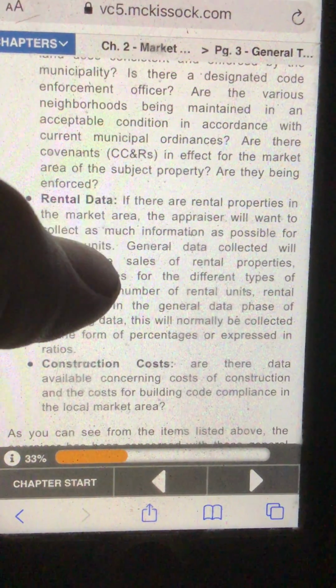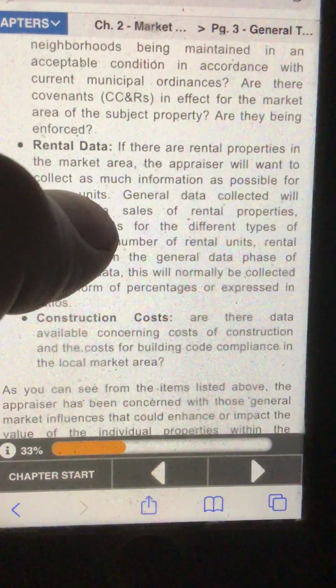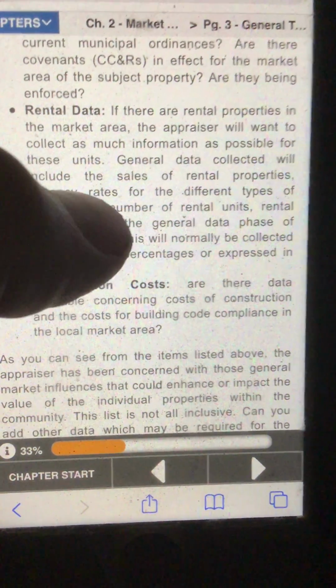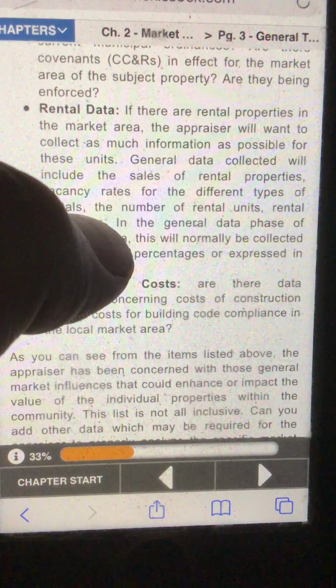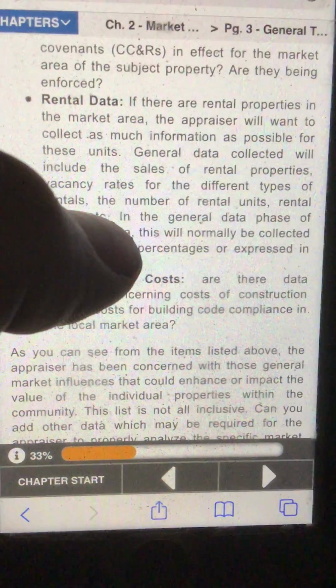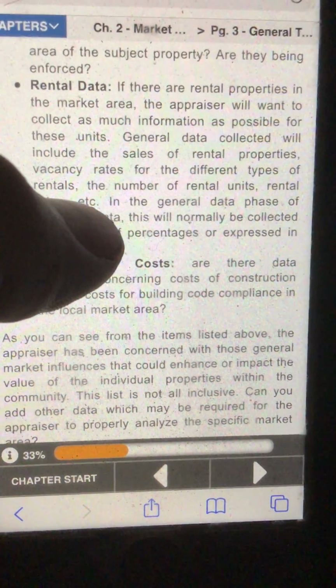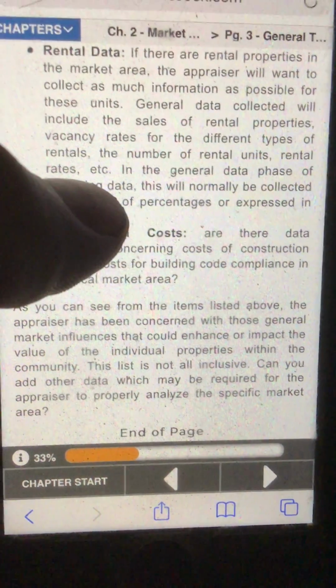Is there a designated code enforcement officer? Are the various neighborhoods being maintained in an acceptable condition in accordance with the current municipal ordinances? Are the covenants, CC&Rs, in effect for the market area of the subject property? Are they being enforced?